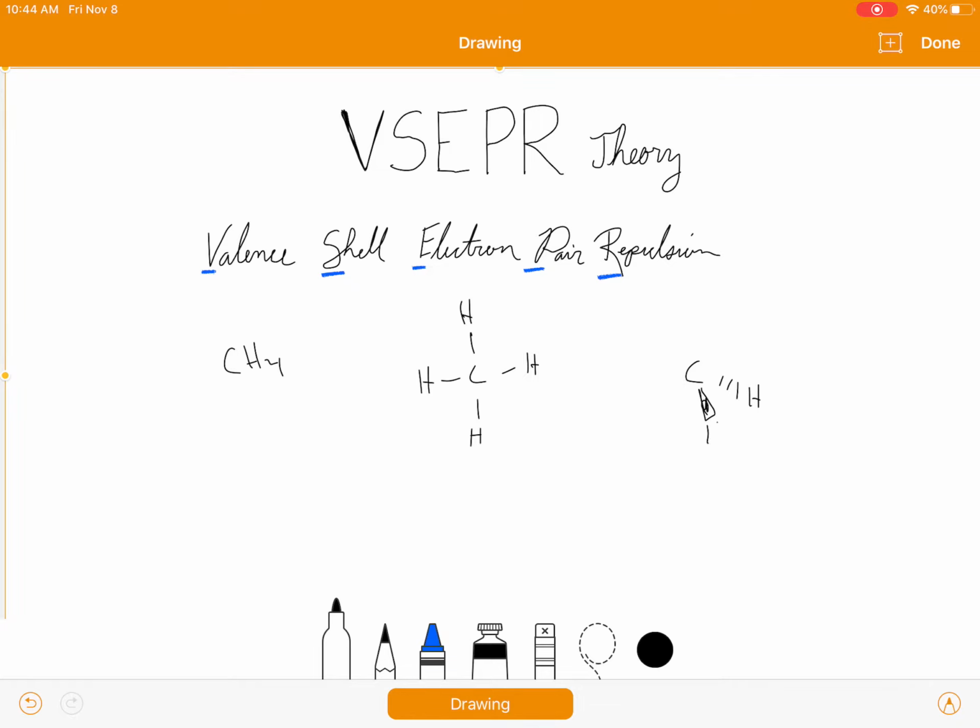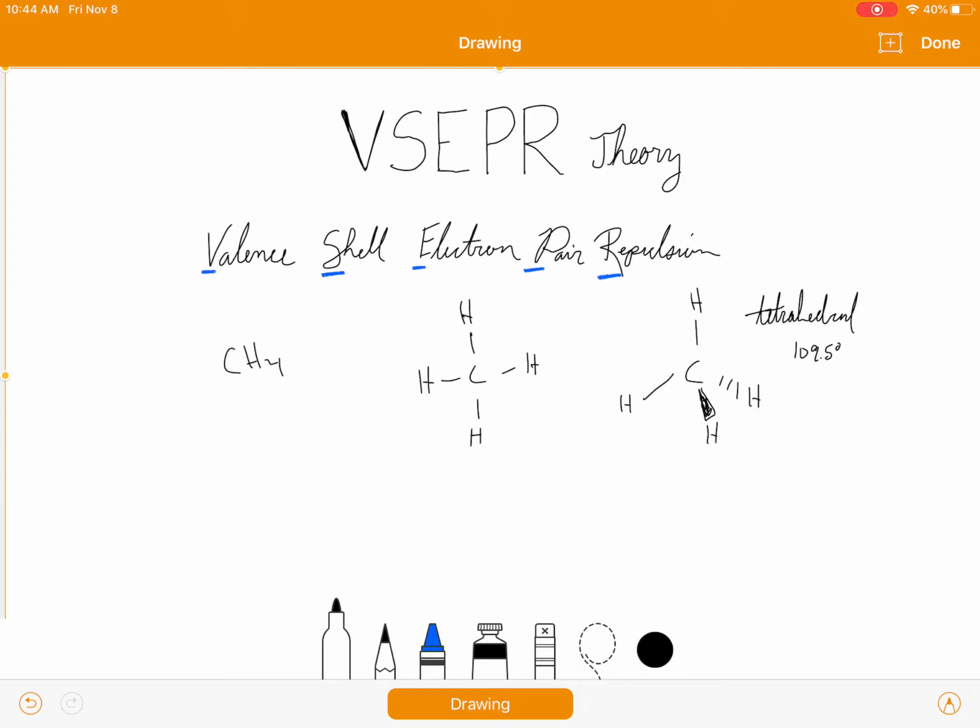We have an H here, an H here. Remember that the dash is going into the page, the wedge is coming out, there's another hydrogen, and then one like this. So it's still like a tripod, but now all the hydrogens are as far away from each other as possible. That's called tetrahedral, and that bond angle is going to be 109.5. That is why I said that the ammonia would be close to 109.5.